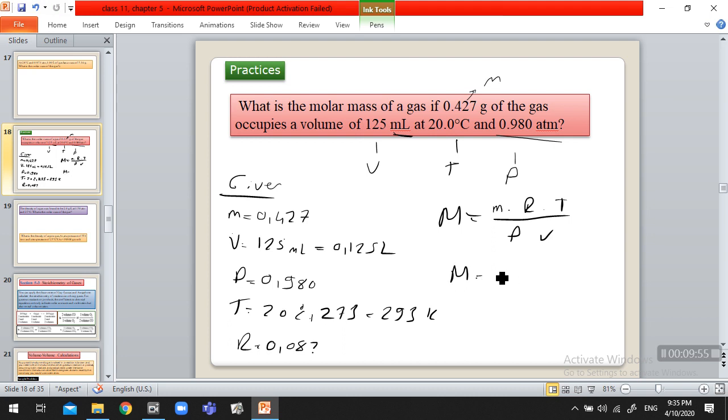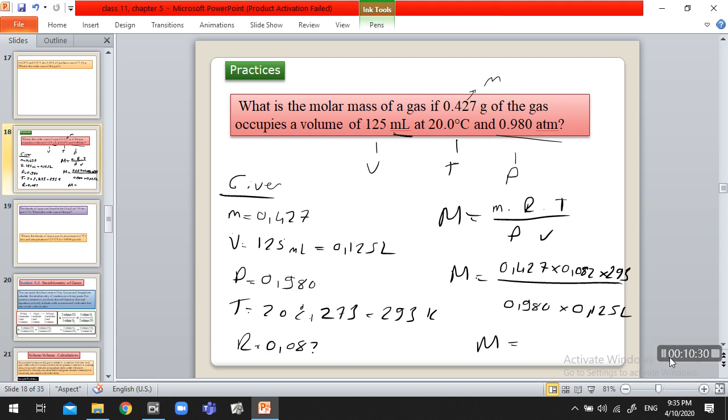So molar mass equals 0.427 times R 0.082 times temperature 293 divided by P 0.980 times V 0.125 liter. If you divide, you can find the molar mass of the unknown substance.